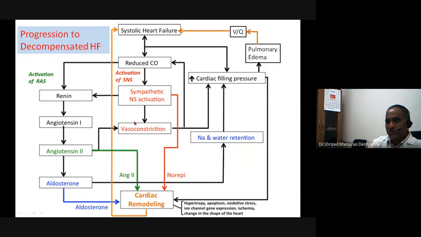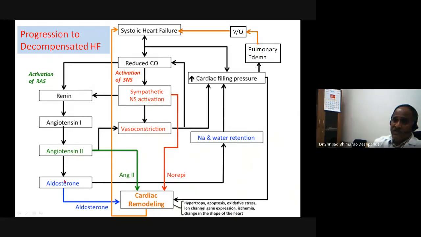Now the angiotensin 2 produces vasoconstriction that increases the cardiac filling, as well as trying to balance the cardiac output. At the same time, this angiotensin 2 activates the remodeling of the heart because of the pressure and other effects. Norepinephrine also will activate the remodeling.